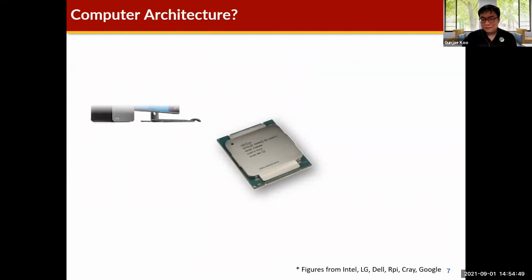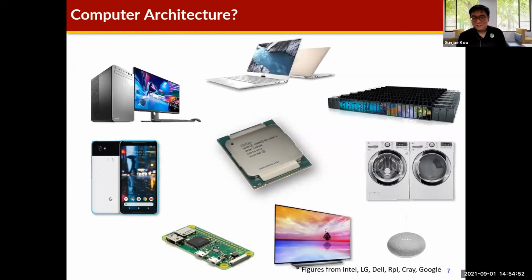So computer architecture is the study of computer hardware or computer devices or computer systems. This is very critical and very important because every electric device includes CPUs, or computer processors, and these computers are widely used in our real life, in everyday lives, all the time. That's why computer systems research or computer architecture research is very critical.